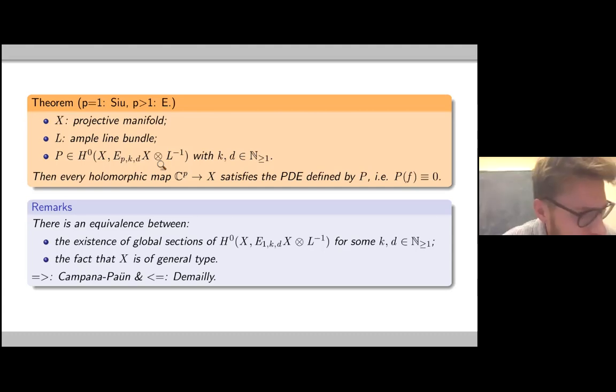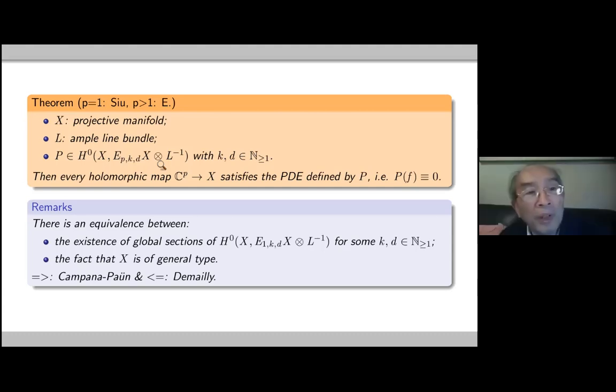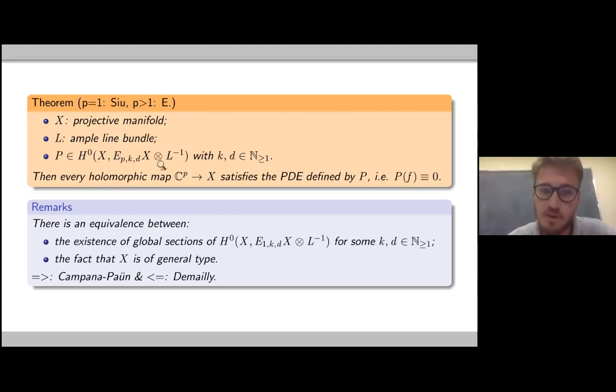So there's no arithmetic component in the whole thing? Oh yes. Okay, but I'm not an expert in it. But yes, there is an arithmetic analog of hyperbolicity. So, for instance, you are not dealing with entire curves, but with rational points on the variety.